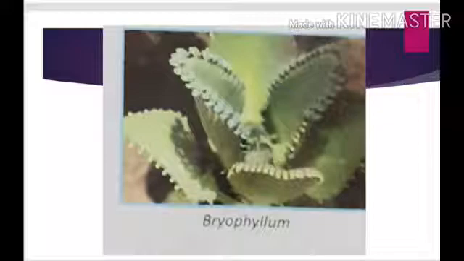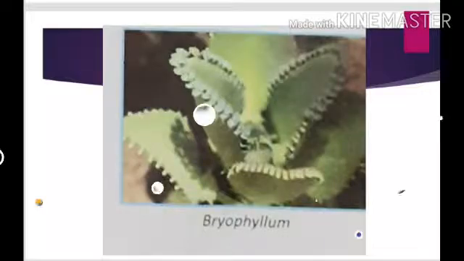These buds grow into plantlets, and after some time these plantlets fall in the soil and behave like an independent plant of Bryophyllum. This is all about the modifications of the leaves.